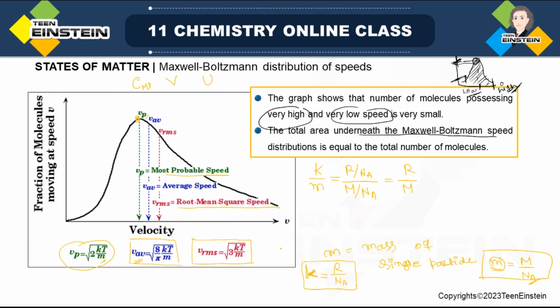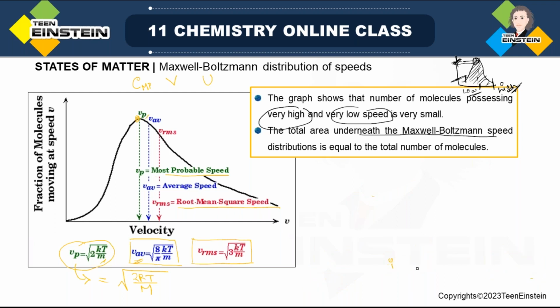So if it is true, then Vp you can also express it like this, root over 2RT by capital M. So this is also true. So if we write all this in terms of universal gas constant and molar mass, then it will look like this.